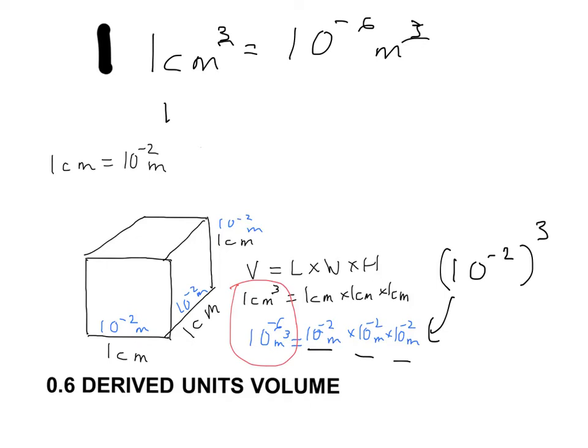As a matter of fact, 10 to the negative 6 is the same thing as 10 to the negative second cubed. What I'm trying to communicate here is you don't have to draw cute little boxes whenever you want to know a cubed relationship for volume between two things.